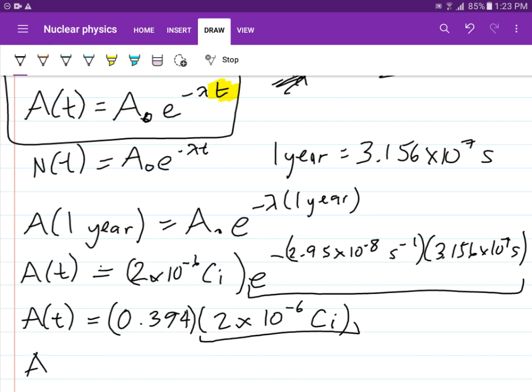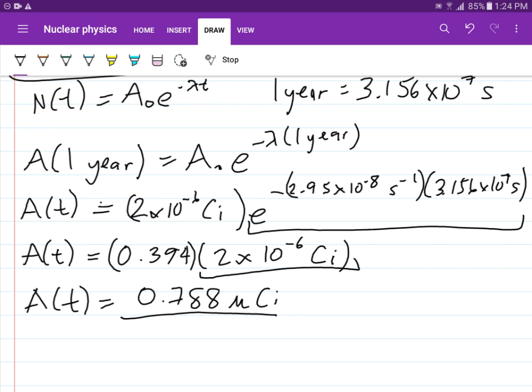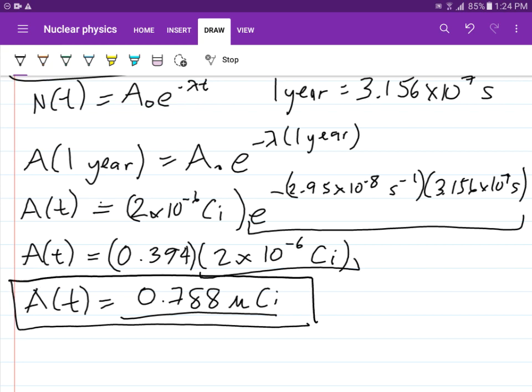So after 1 year, we have 0.788 microcuries. So not only has the amount of nuclei decayed, the activity has also reduced to 0.788 microcuries.